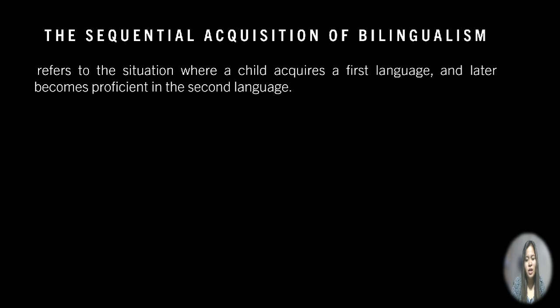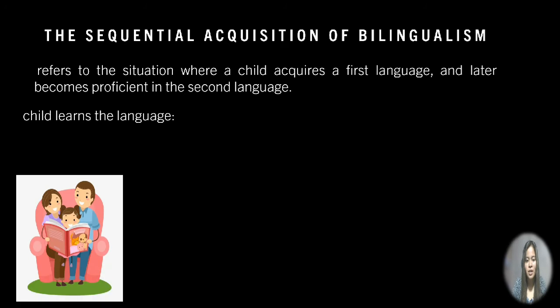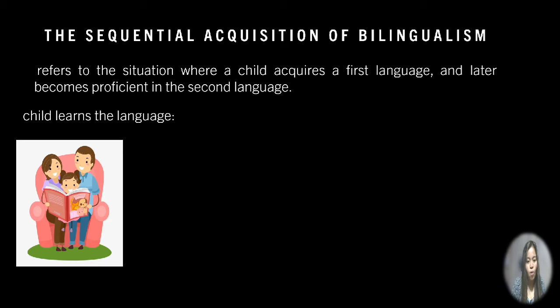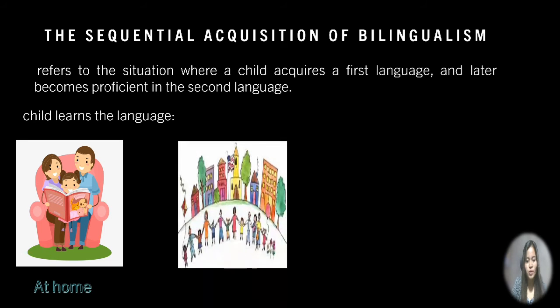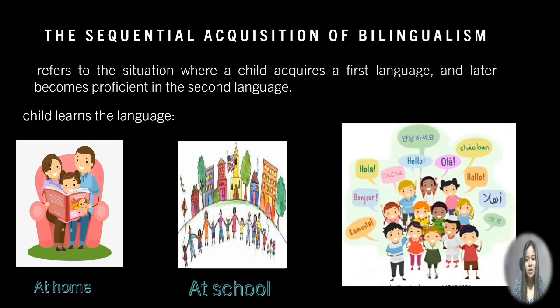This takes us into the field of second language acquisition. An example is when a child learns the language at home, then goes to a nursery or elementary school, and then learns a second language.